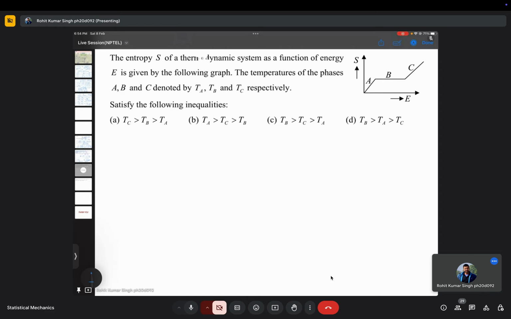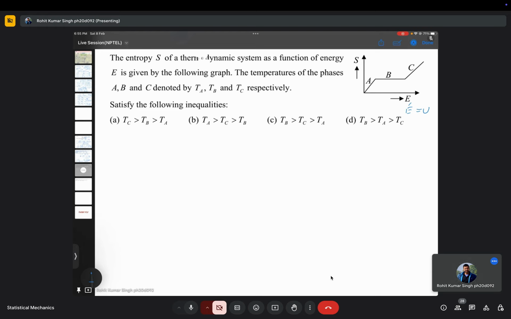So here you have S over E. E is the internal energy basically, E is same as U. And entropy is plotted as a function of internal energy here.